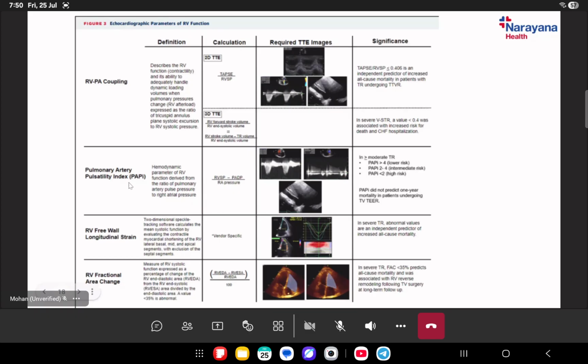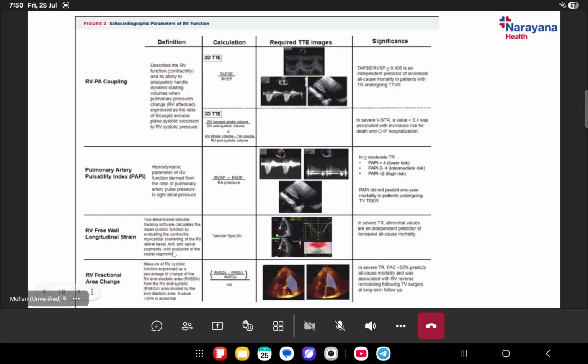One more is the pulmonary arterial pulsatility index. This is RV systolic pressure minus PA diastolic pressure, divided by RA pressure. So here, indirectly, if the pulmonary arterial diastolic pressures are high, it will have a poor prognosis, and we can calculate the values if we have some right heart catheterization values.